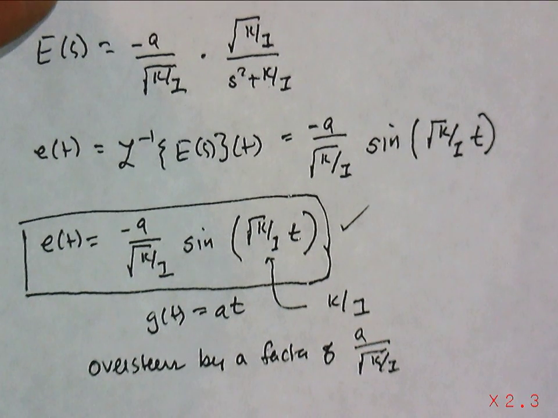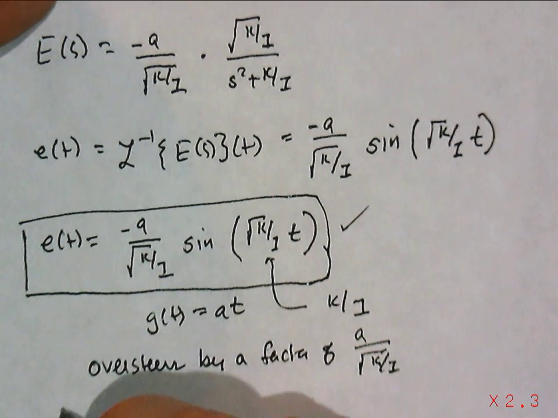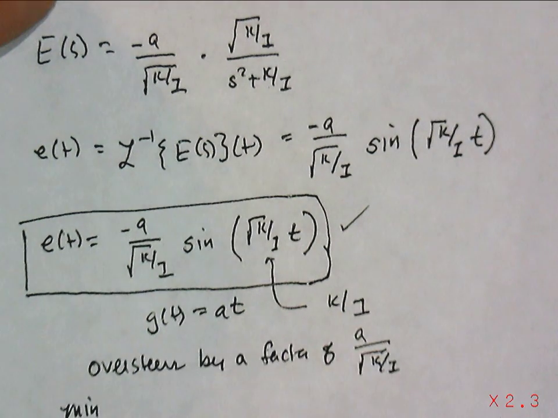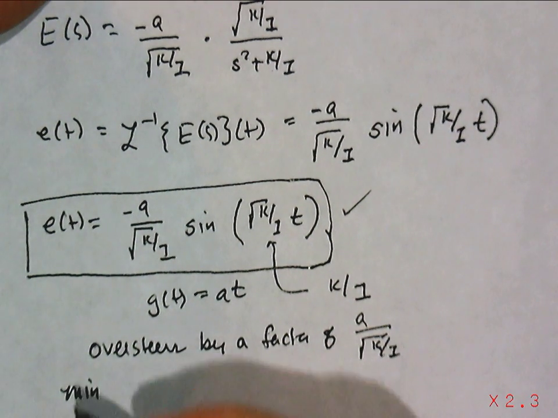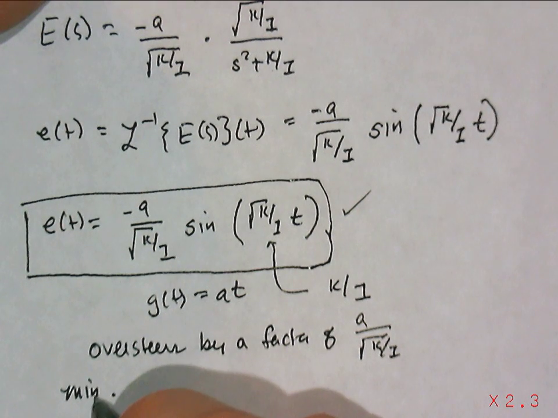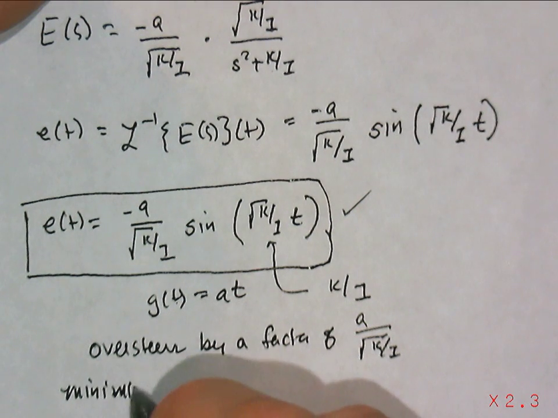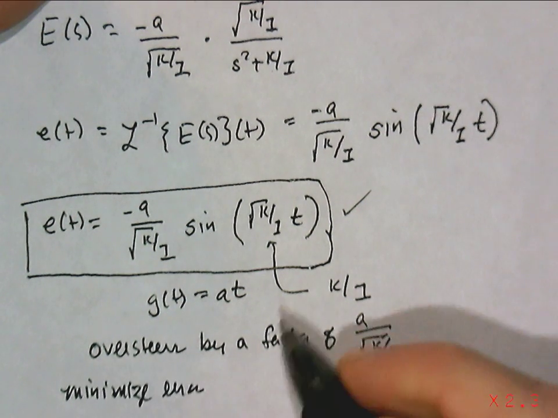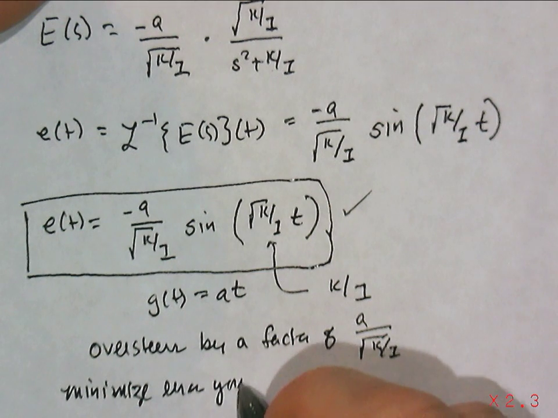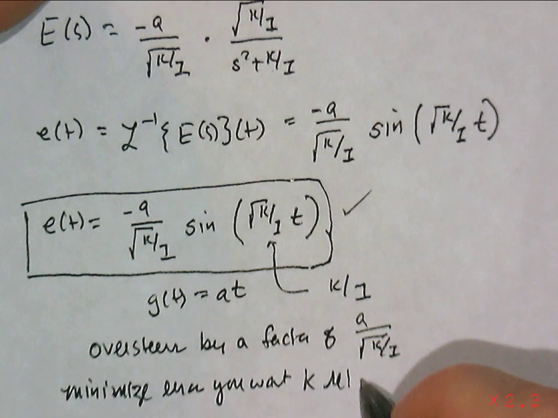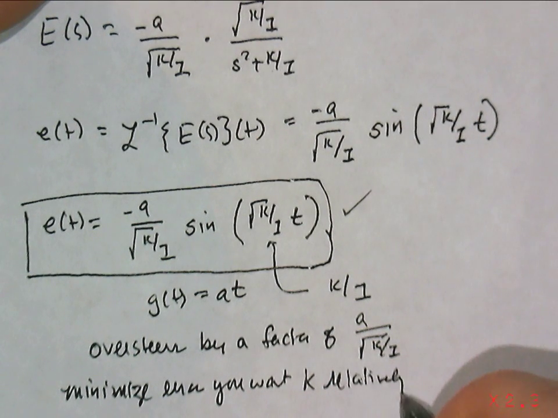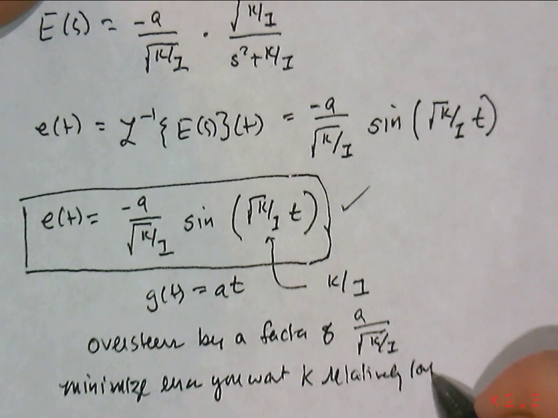So if you want to minimize the error, to minimize this deviation so that the system doesn't have to overcorrect too much, you want that k to be relatively large compared to the moment of inertia.